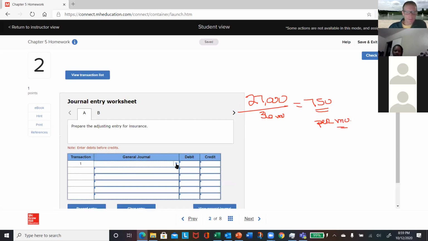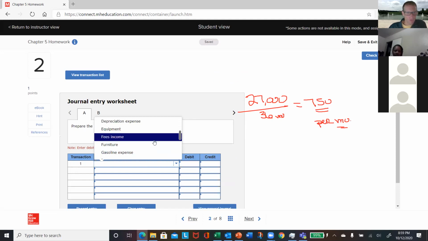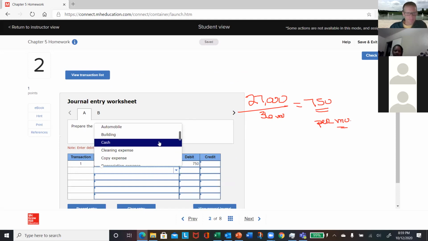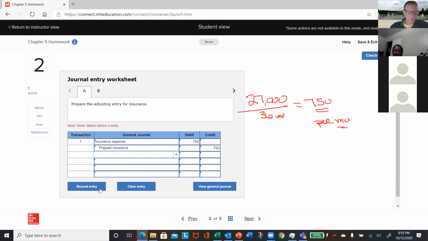What account would we debit? Insurance expense. So I would find insurance expense, debit 750, and then what would we credit? Prepaid insurance. Very good. And then of course you'd hit record entry.